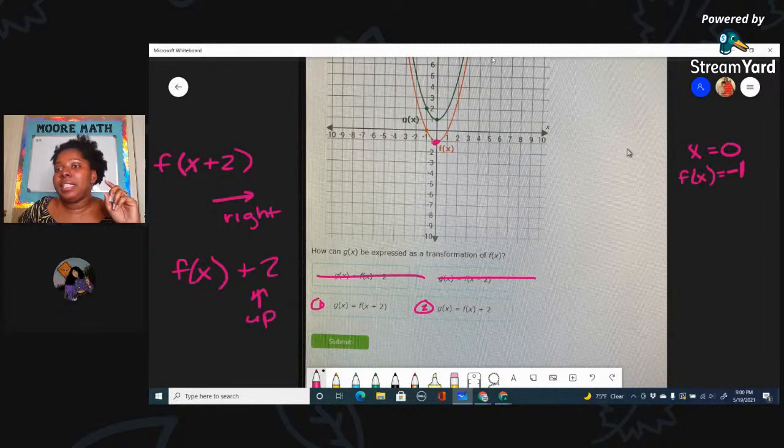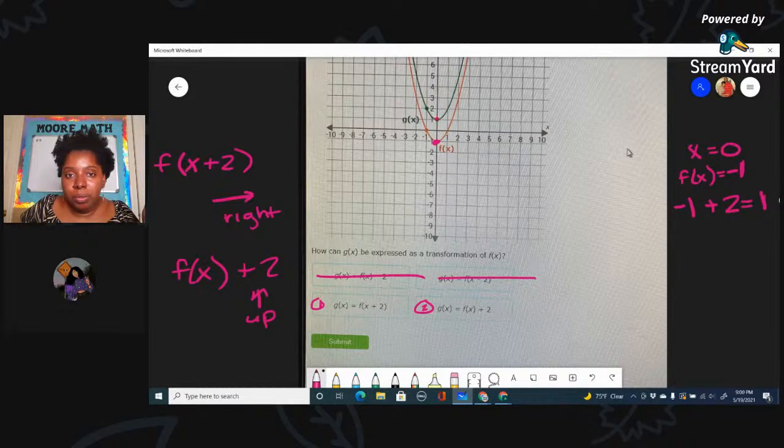If I take this f of x and add 2 to it, -1 plus 2 is what? 1. So my new mark is 1. So now g of 0 is 1.